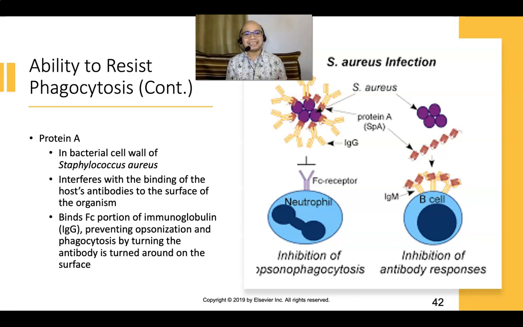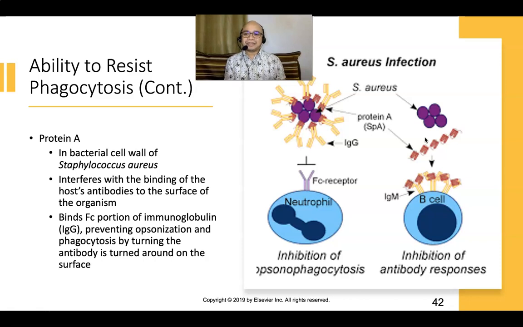As you can see in the illustration, there are two possible functions of protein A. First, protein A will interfere with the binding of host antibodies to the surface of the organisms. So it will inhibit the antibody response.